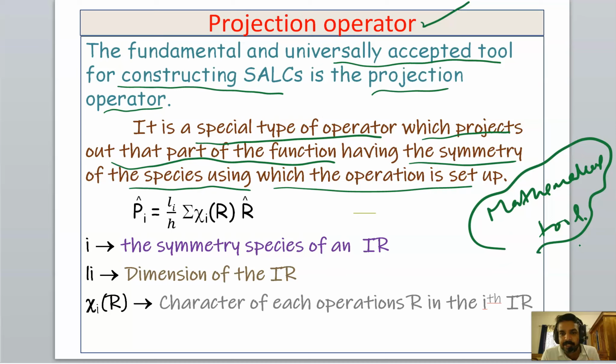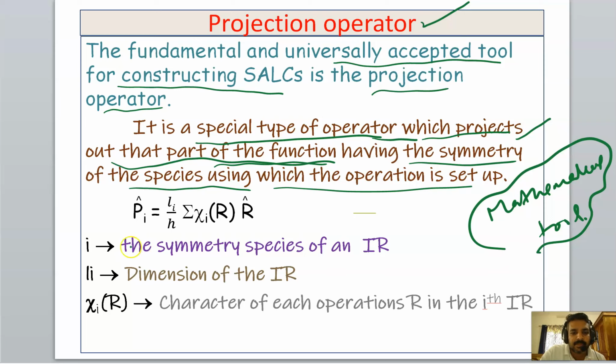It is a special type of operator which projects out the part of the wave function having the symmetry of the species using which the operation is set up. I know you may not understand fully, but you can understand later by discussing all these things.